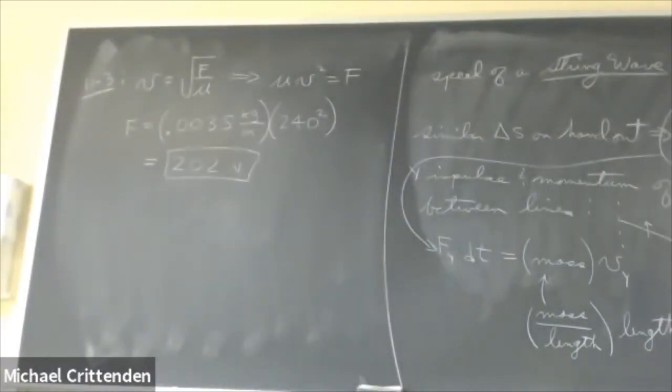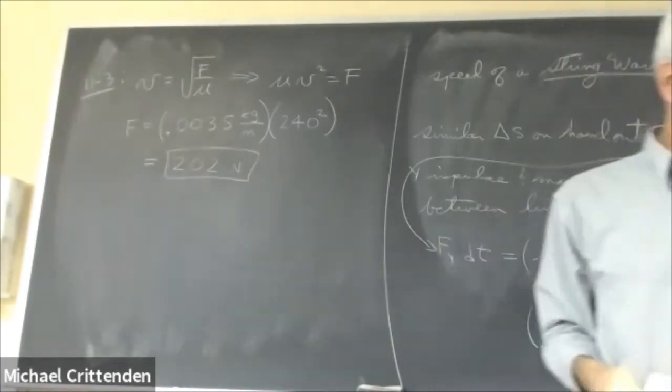So you move the decimal 3 places to convert grams to kilograms, stick it in the formula, punch it up.